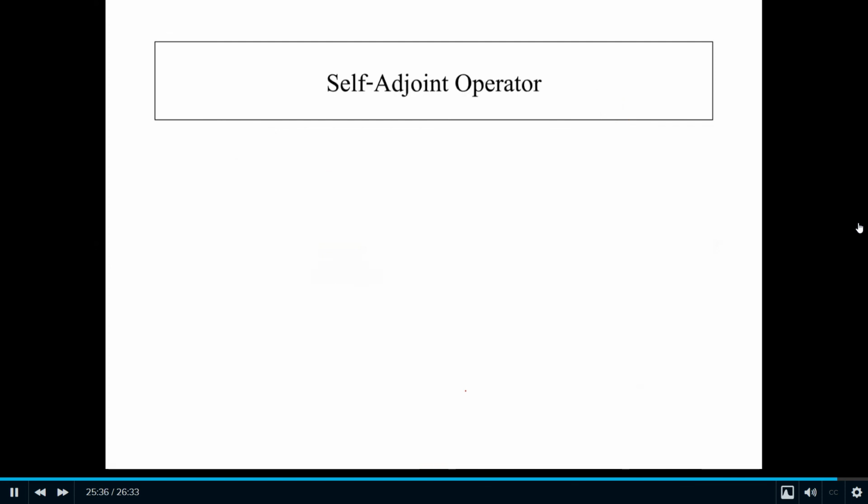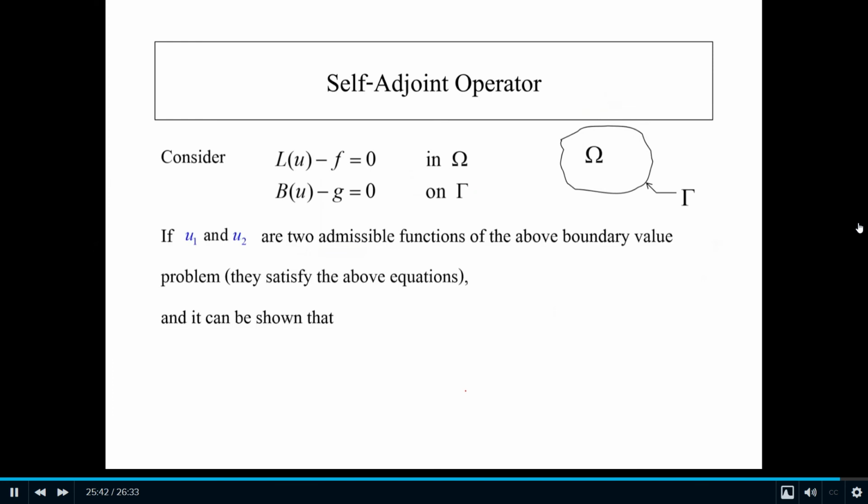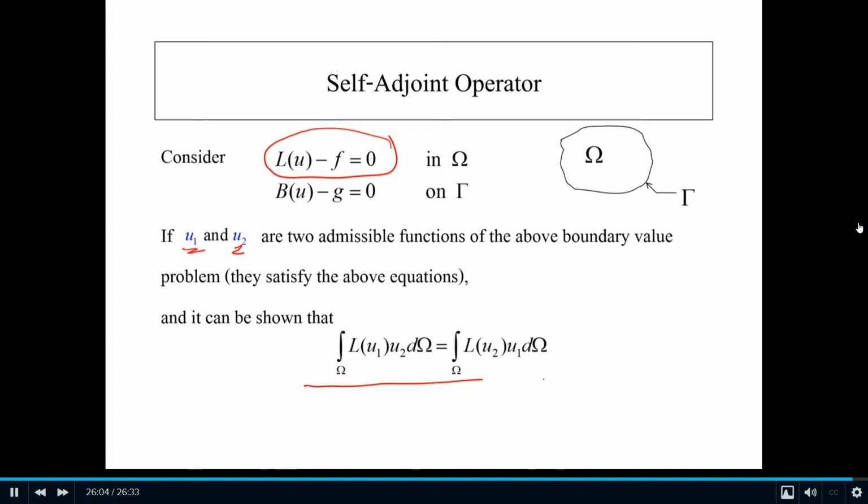For a self-adjoint operator, we can define it like this. We just focus on this governing equation within the domain, where the operator is L. If you have two admissible functions, U1 and U2, within this domain, and this is true, then the operator L is self-adjoint.